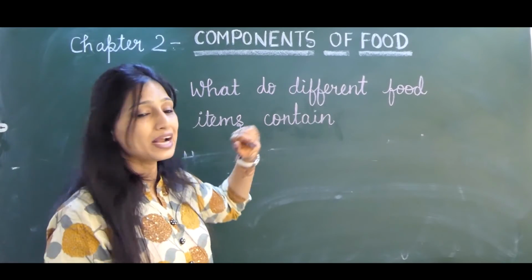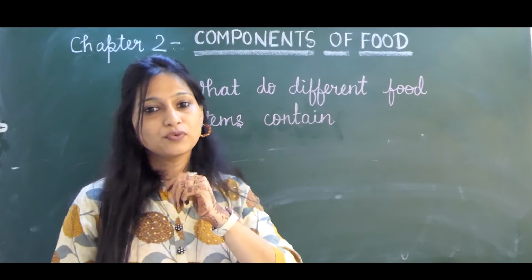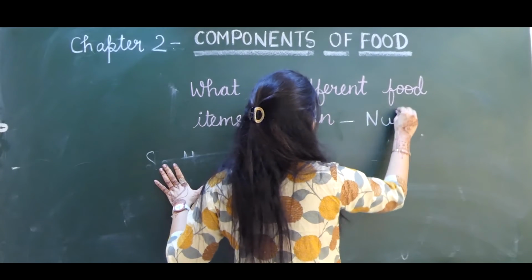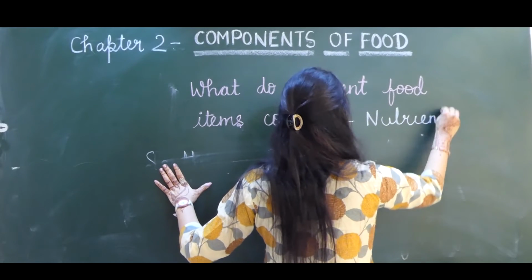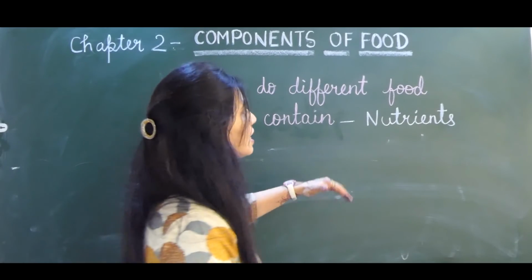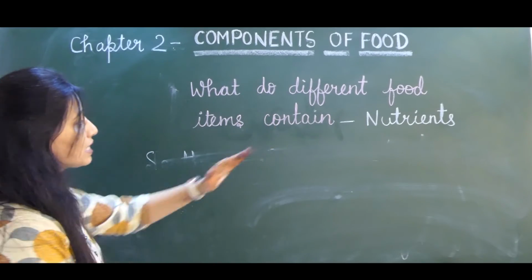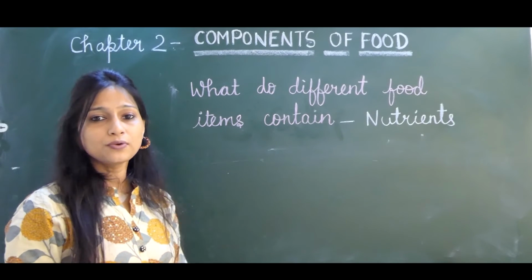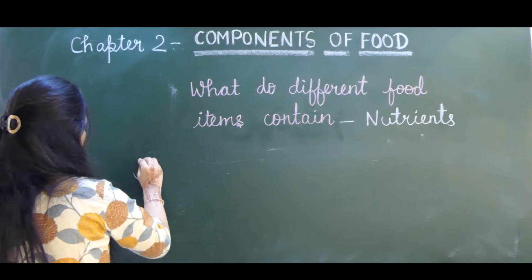What do different food items contain? Different food items contain different nutrients, right?